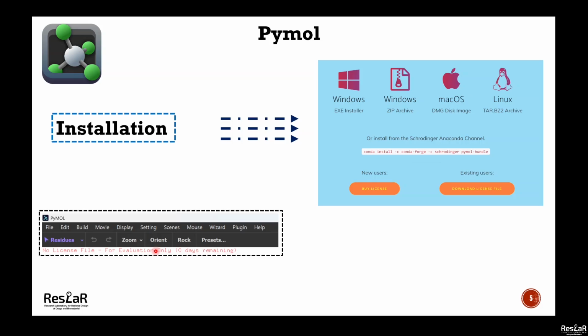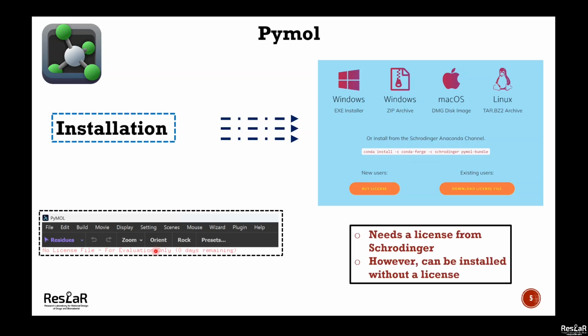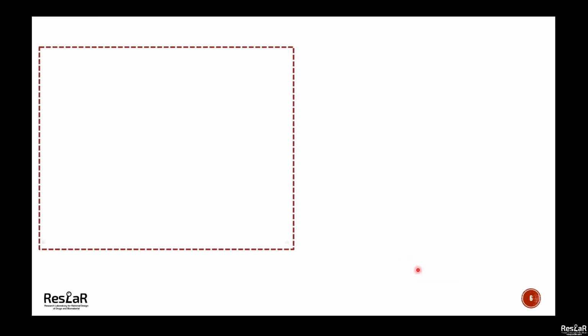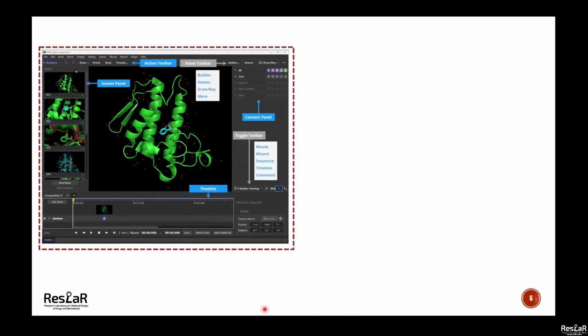The same thing goes here. It won't stop working if you don't have a license, but a license is required to get the full functionality. As I said, you need a license from Schrodinger, though it can be installed without one. PyMOL is great because it's one of the best tools out there to produce high quality images, especially for publication.